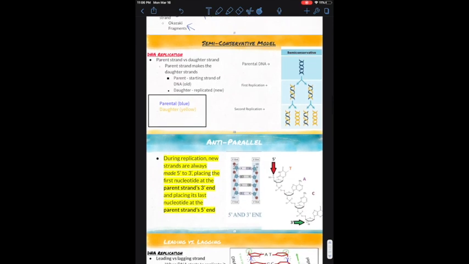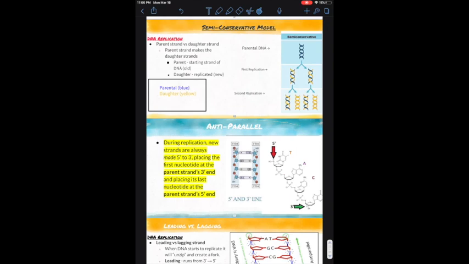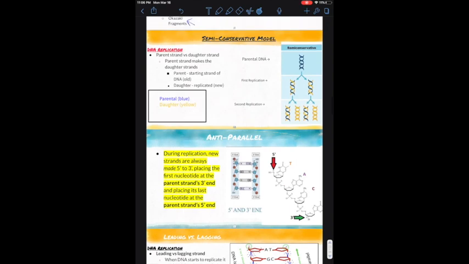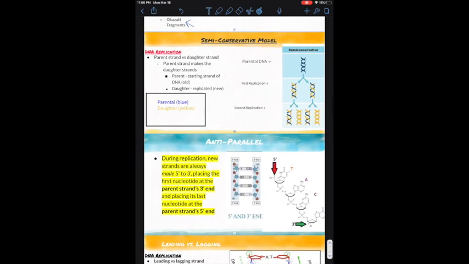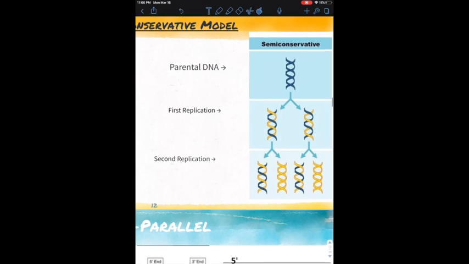Let's just refresh that semi-conservative model. This is a good picture demonstrating what that means. The parent strand is the starting strand, and in this picture, that's going to be the blue, and the daughter strands are in yellow.